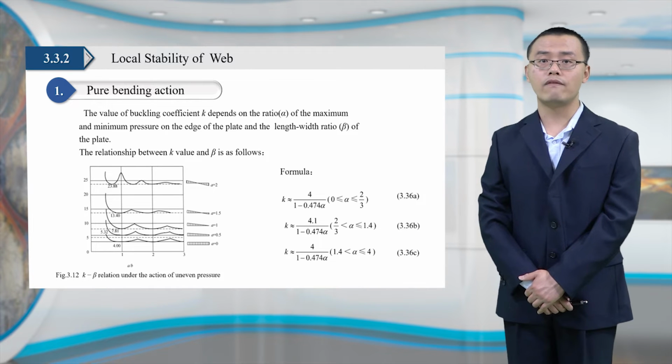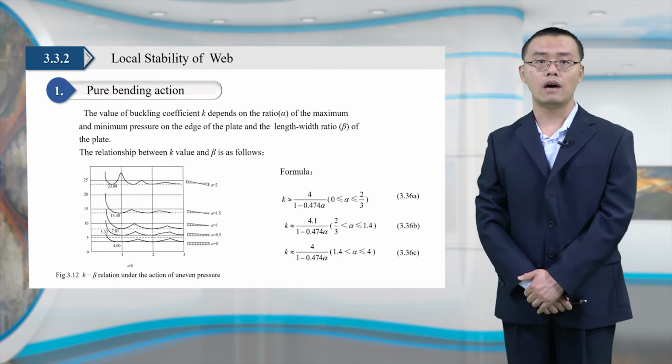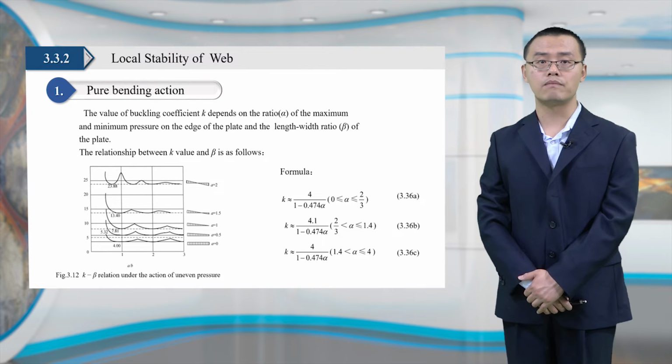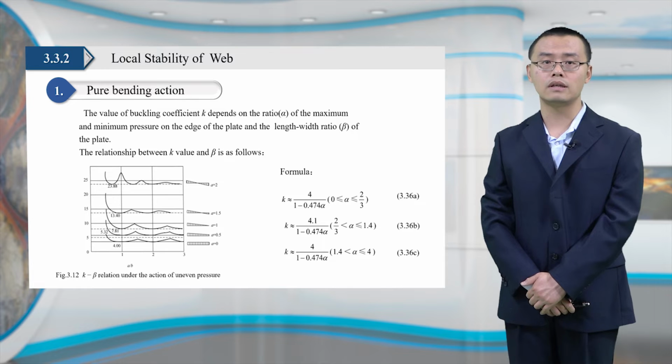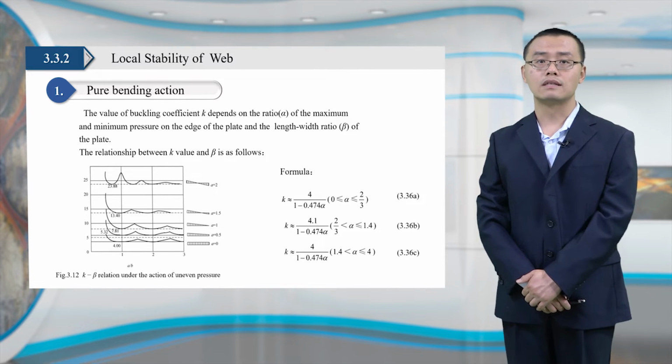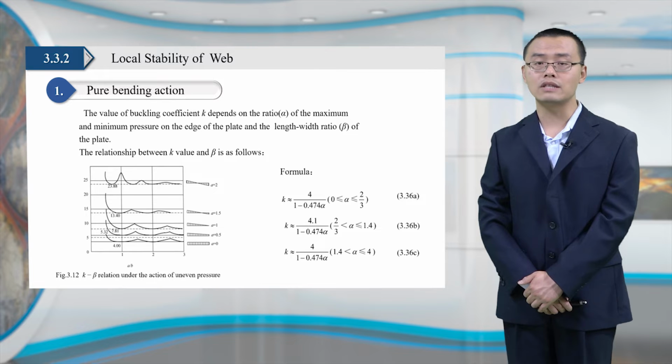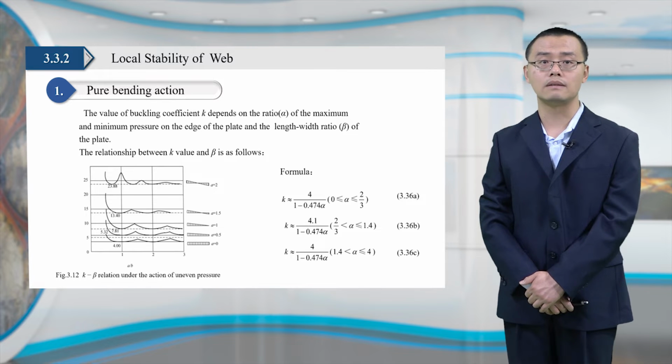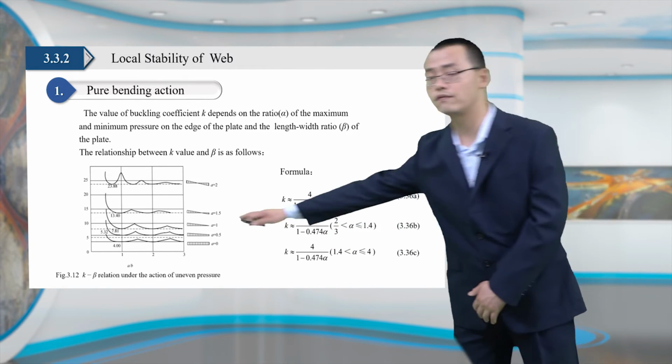Now, the value of buckling coefficient K depends on the ratio alpha of the maximum and minimum pressure on the edge of the plate and the length-width ratio beta of the plate. Several corresponding equations could be expressed as formulas 3.36a to 3.36c. The relationship between K value and beta is shown in figure 3.12.